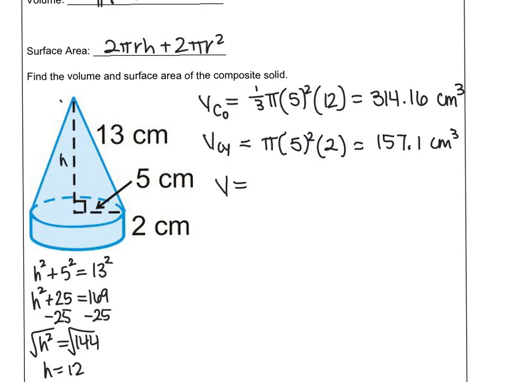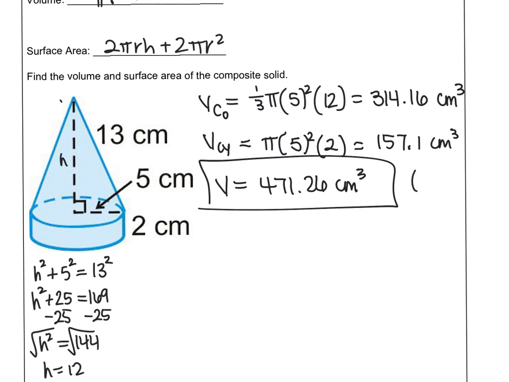So our total volume, 314.16 plus 157.1, is going to be 471.26 centimeters cubed. So volume is the easy one.